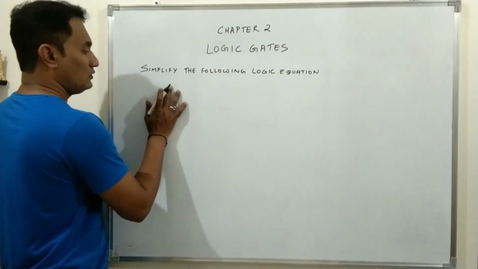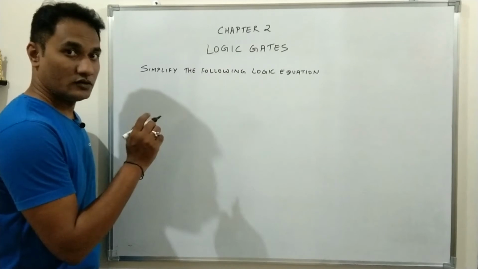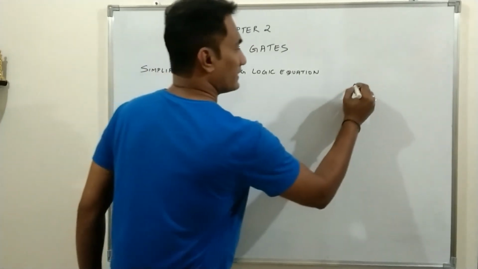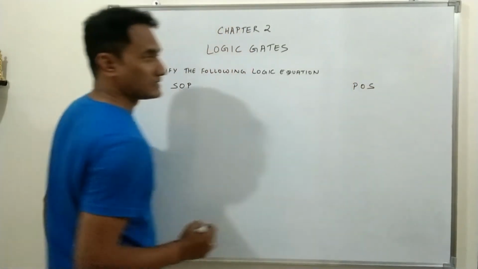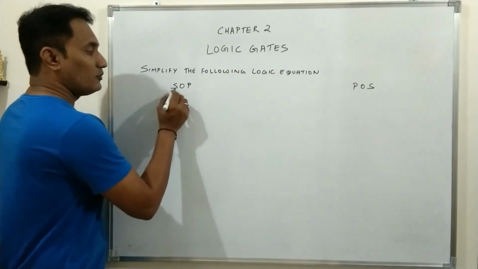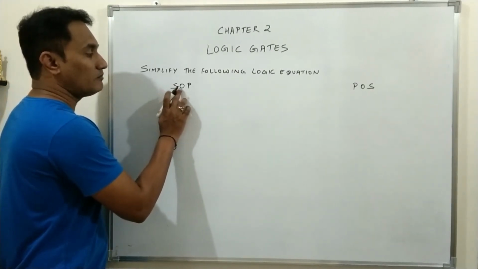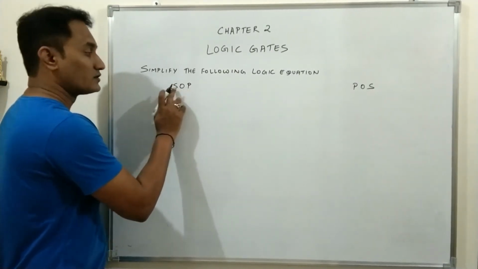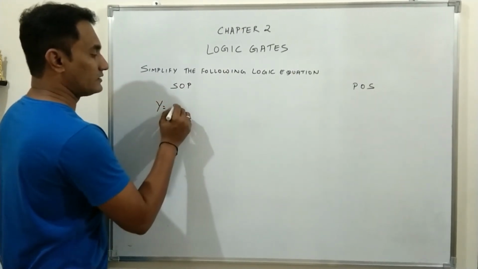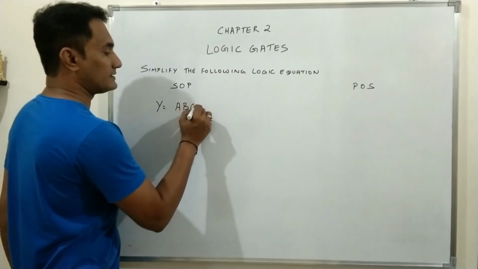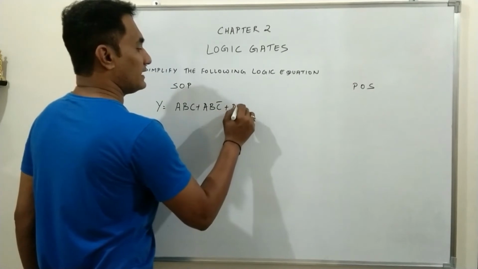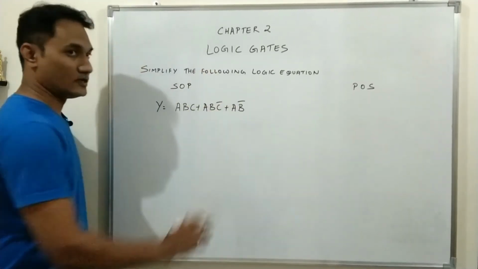Now there are two types of problems you have to understand. One is called SOP and the other is called POS. I'll give you an example of both. SOP stands for sum of product. Say for example the equation is ABC plus ABC bar plus AB bar.